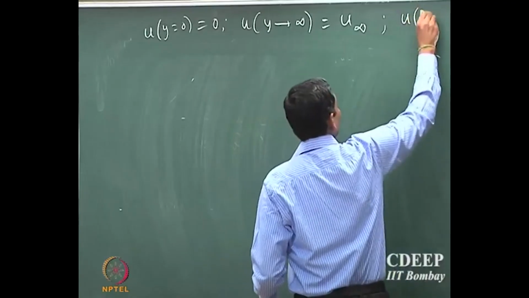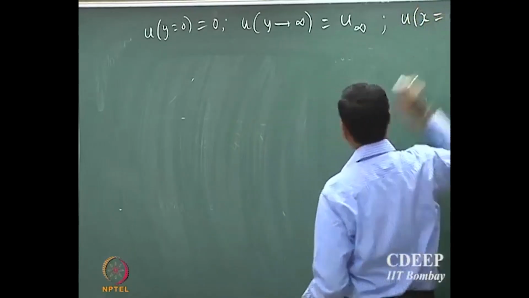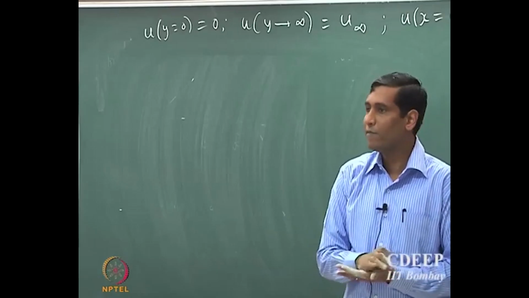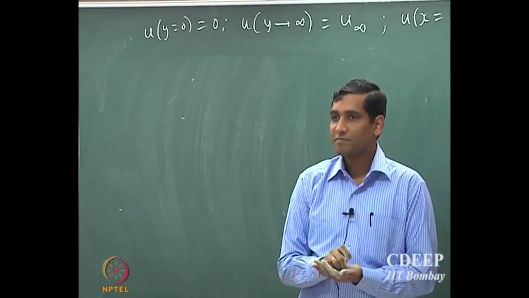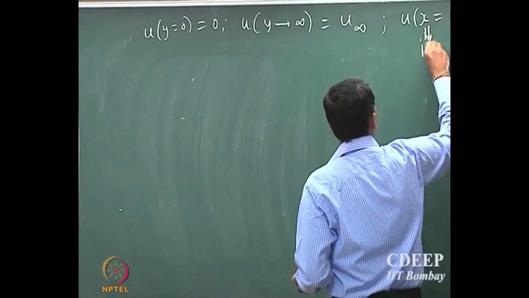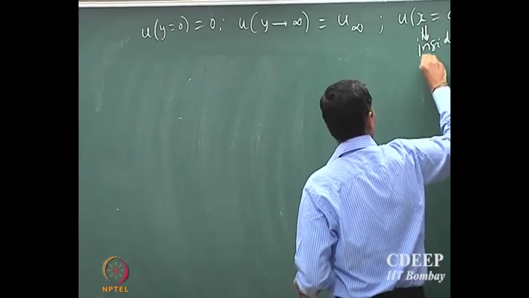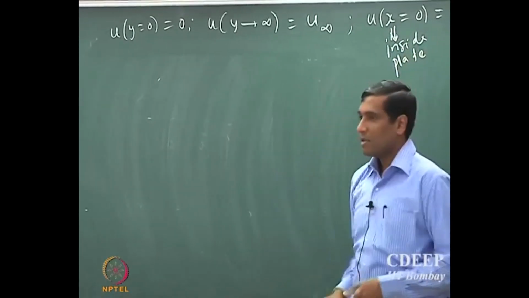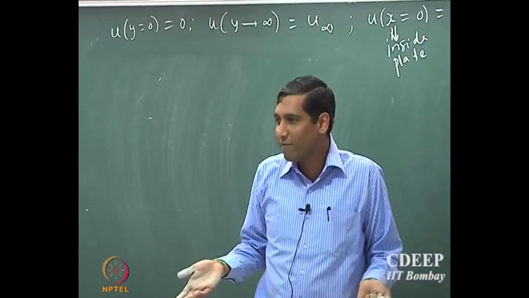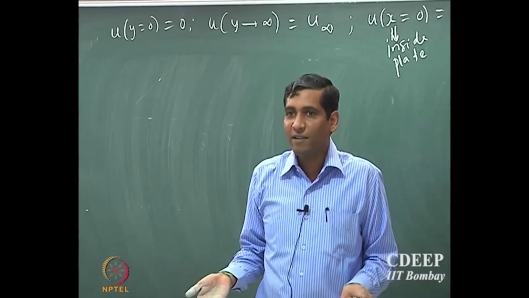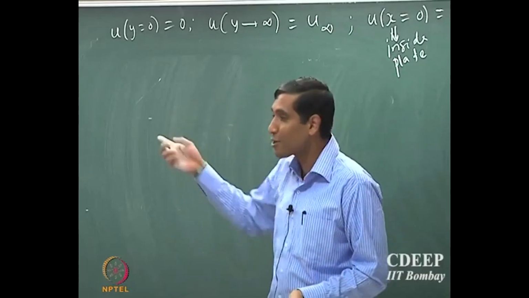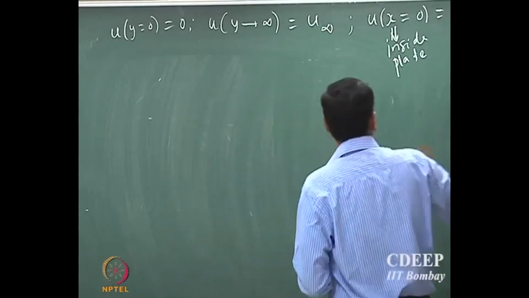And then the other one is u at x equal to 0, what is it? u infinity or 0? So u at x equal to 0 inside the plate, this is very important. Outside the plate it is obviously u infinity, but inside the plate what is it? By continuity, but that is not continuous at the edge of the plate.